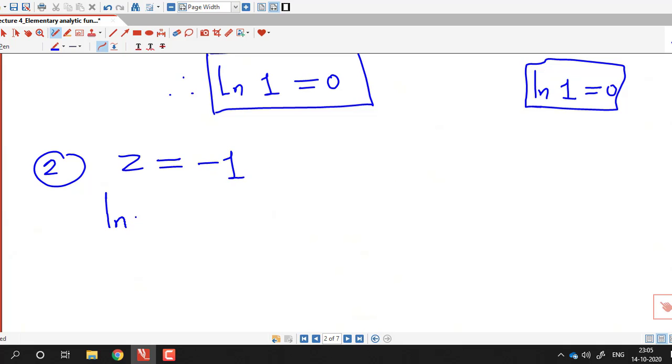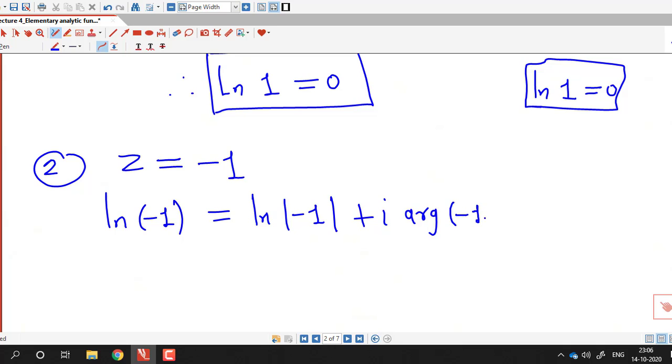Now we can directly write ln minus 1 is, by definition, ln modulus of minus 1 plus i into argument of minus 1. This is nothing but ln 1 plus i times the argument. Now minus 1 is on the negative x-axis.